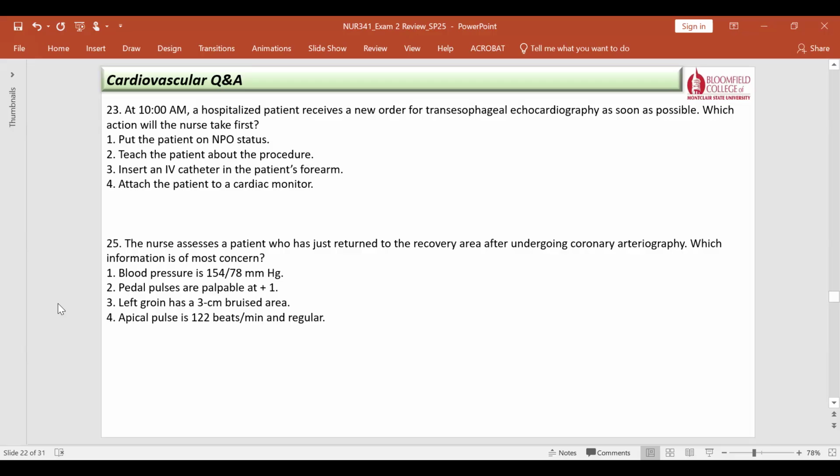25. The nurse assesses a patient who has just returned to the recovery area after undergoing coronary arteriography. Which information is most concerning? The patient returned to the recovery area, the PACU, after the arteriography.